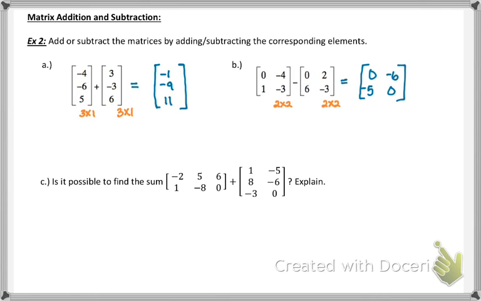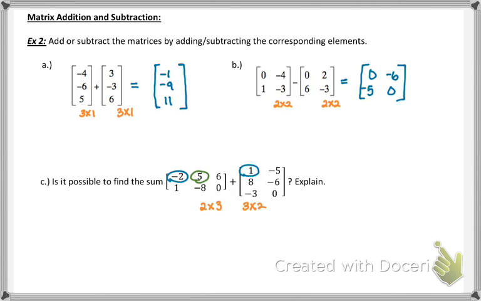And then for C, let's think about, is it possible to find the sum of a 2 by 3 matrix plus a 3 by 2 matrix? Okay, and let's try. If we try adding the corresponding elements, first row, first column, I'm going to add the negative 2 and 1.